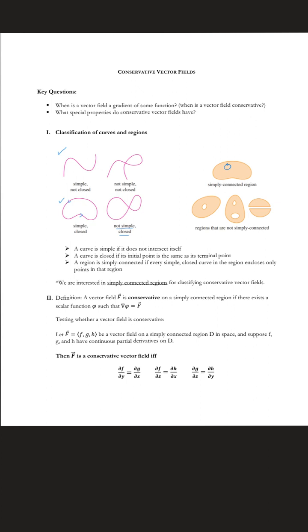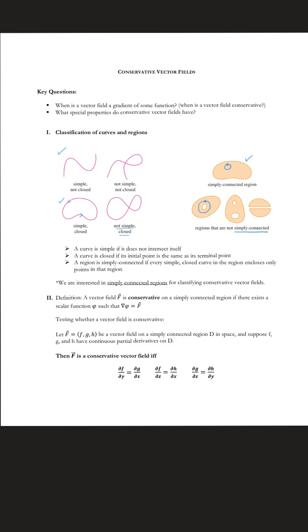But notice that in regions that are not simply connected, I can draw a closed curve here, and there are points that are not in the region within the interior of my curve. We're only going to be thinking about simply connected regions, where a closed curve within the region can be connected. Those are the kinds of regions we care about, which will be specifically important in the next section when we talk about Green's theorem.